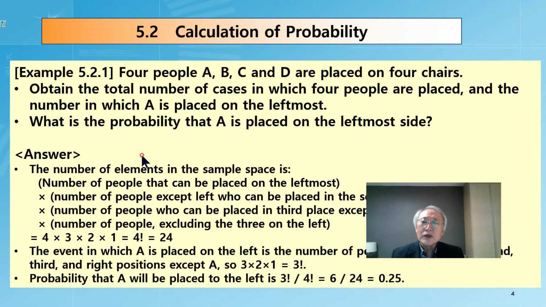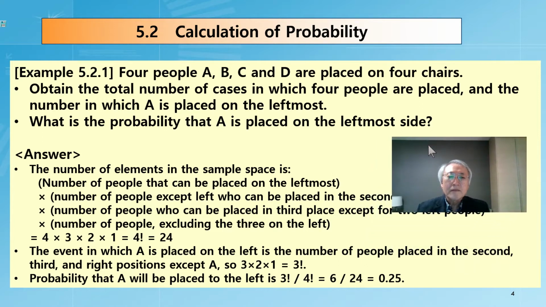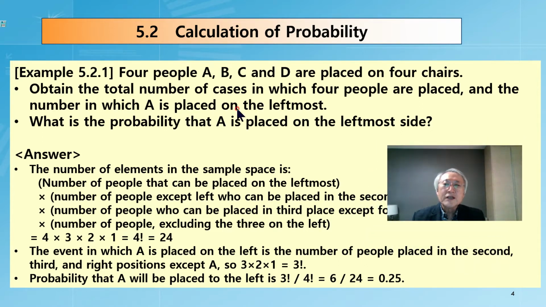Just one example. Suppose there are 4 people, A, B, C, D, and you have 4 chairs. Obtain the total number of cases in which 4 people are placed and the number in which A is placed on the leftmost. There are 4 persons, 4 chairs.